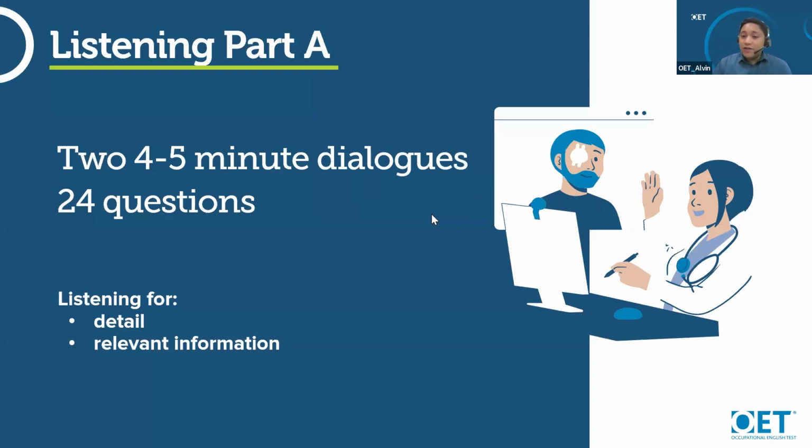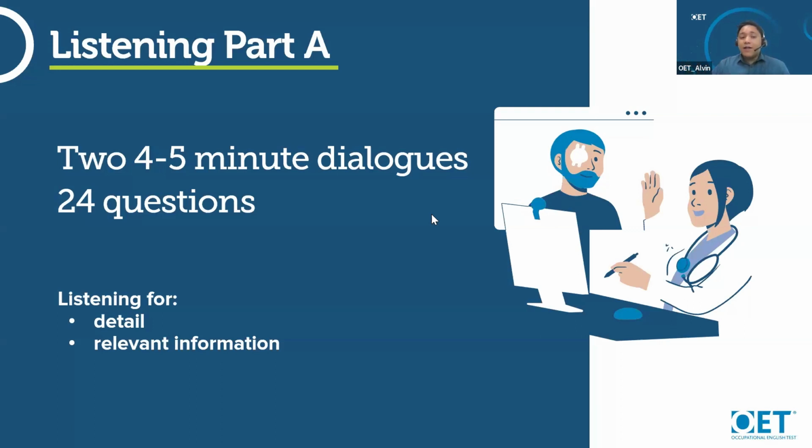If you talk about listening for detail, say in the healthcare context, this sub skill involves paying close attention to specific information or facts when you are talking with the patient. And also, you need to identify and understand precise details. For example, you might need to understand names, dates, numbers, specific symptoms, treatments, or procedures during the conversation.